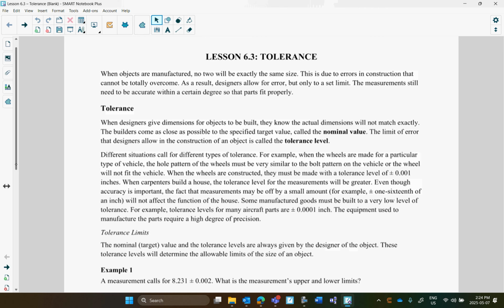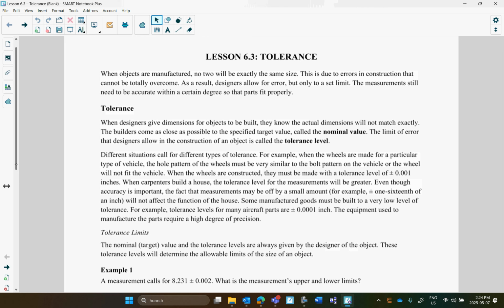Okay, so we're going to talk about tolerance. Tolerance means basically, what will you allow? What are you good with? Like, your measurement has to be between something and something. I'm okay if my measurement is between these two values. That's what tolerance is, okay?